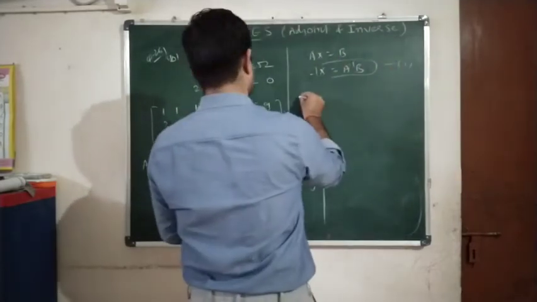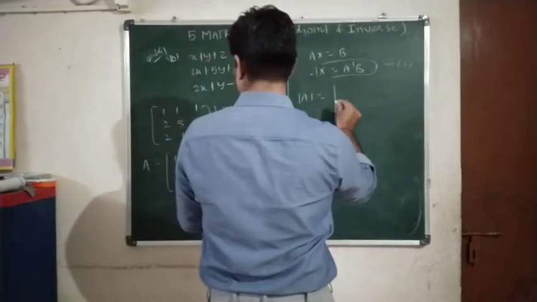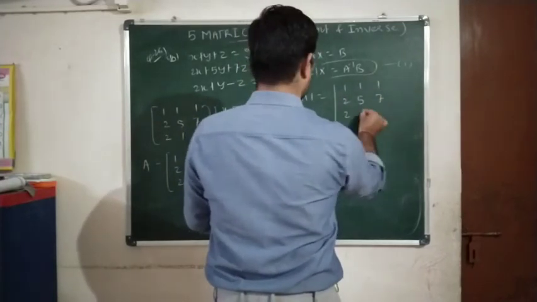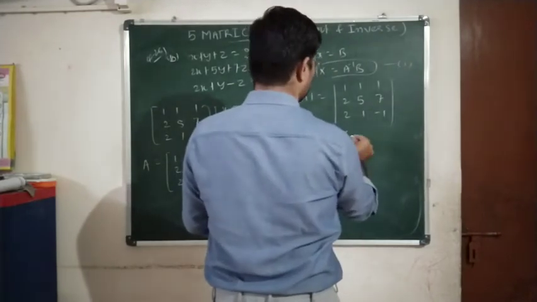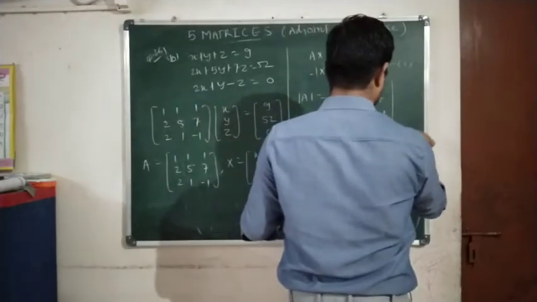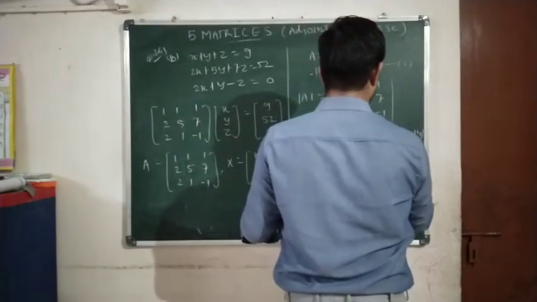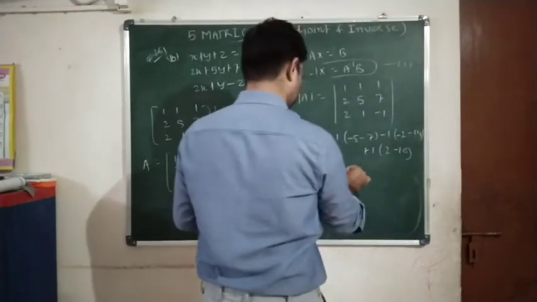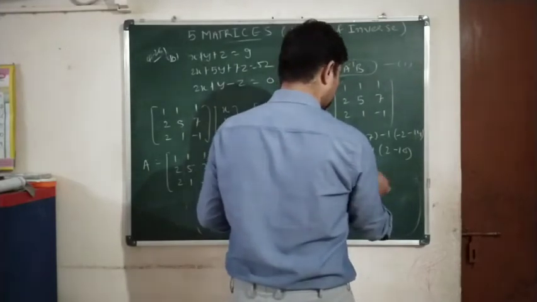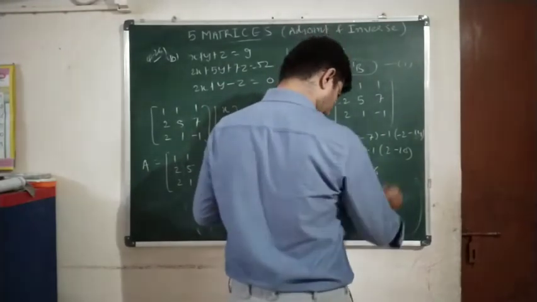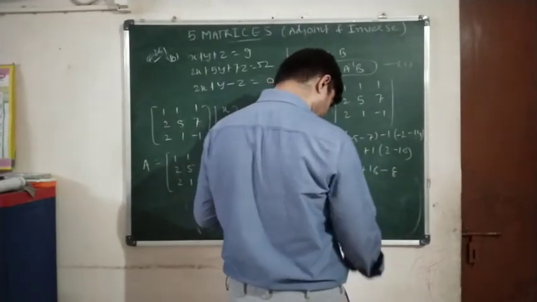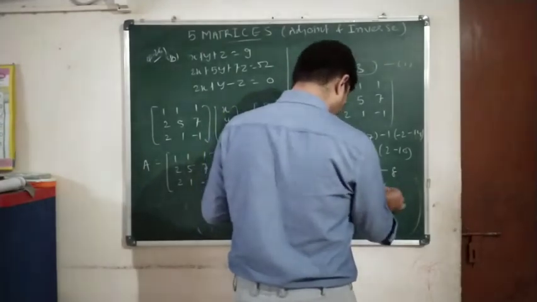Now determinant of A we will find out: 1, 1, 1; 2, 5, 7; 2, 1, minus 1 is equal to 1 times minus 5 minus 7, minus 1 times minus 2 minus 14, plus 1 times 2 minus 10. So minus 12, plus 16, minus 8, which is minus 4, not equal to 0.